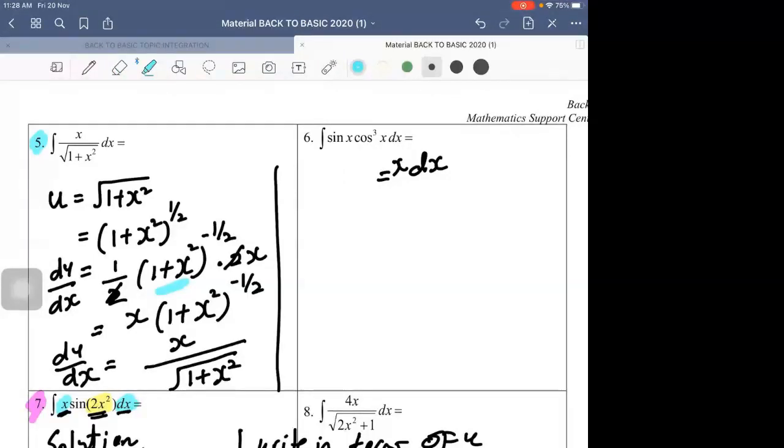Okay, because I can write this term here, x dx, so x dx is equal to square root 1 plus x squared du. This one I bring here and then write here. So I have this.